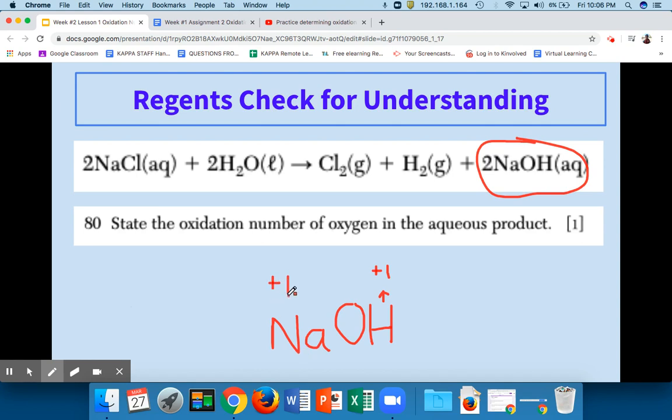Sodium has to be a +1. And oxygen, if these are all going to equal 0, because this is a neutral compound, oxygen must be a -2. So that gives me +1, +1, -2, 0. So I know I did it correctly.